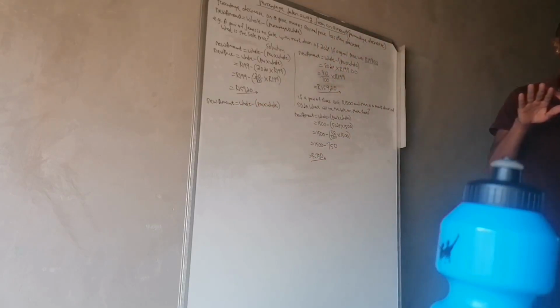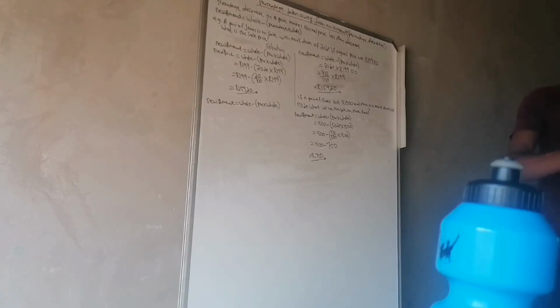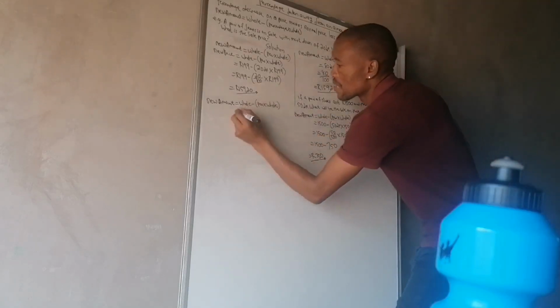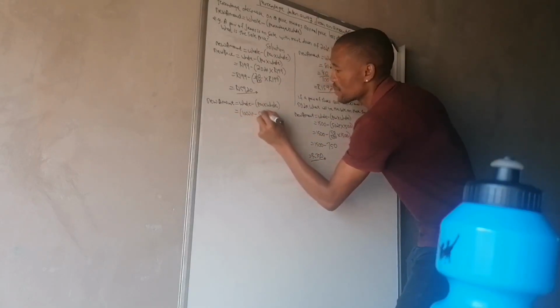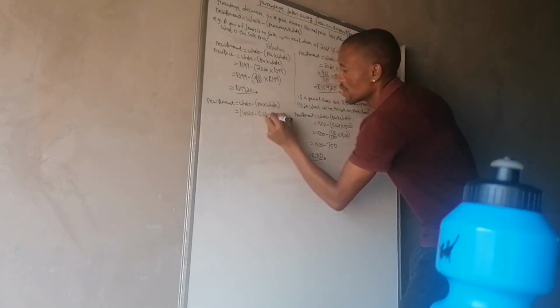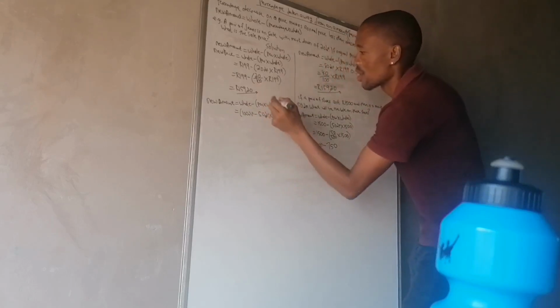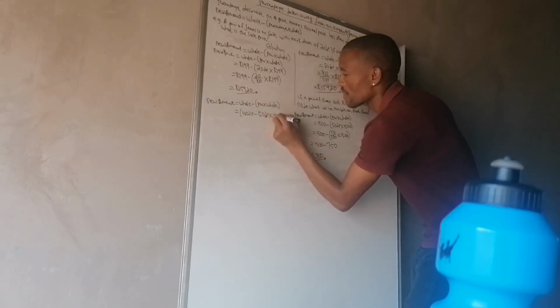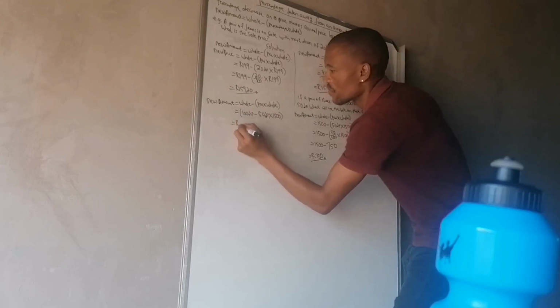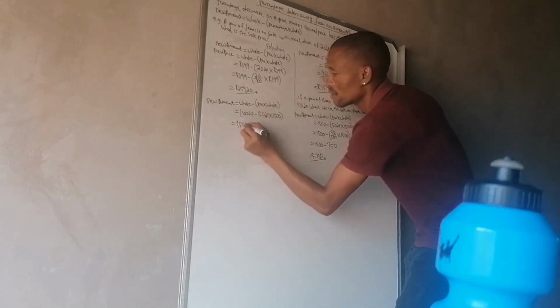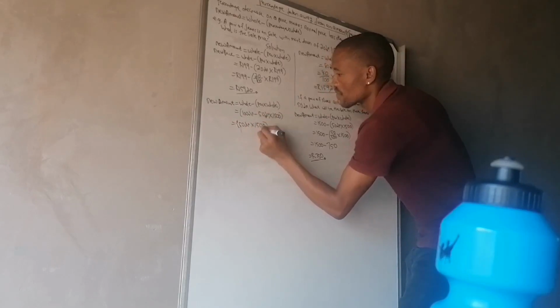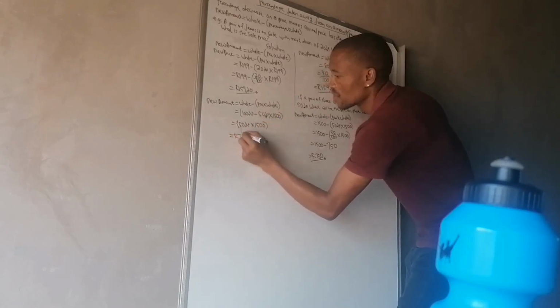These shoes were sold at 100%, and they decrease by 50%, so 100 minus 50. It is like 100% minus 50% times the whole, which is 1,500. It is like 50% times 1,500, and it will give 750.